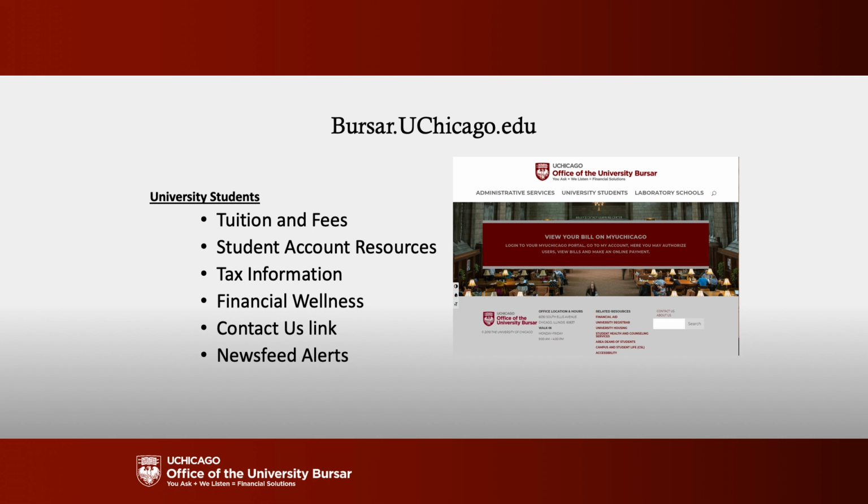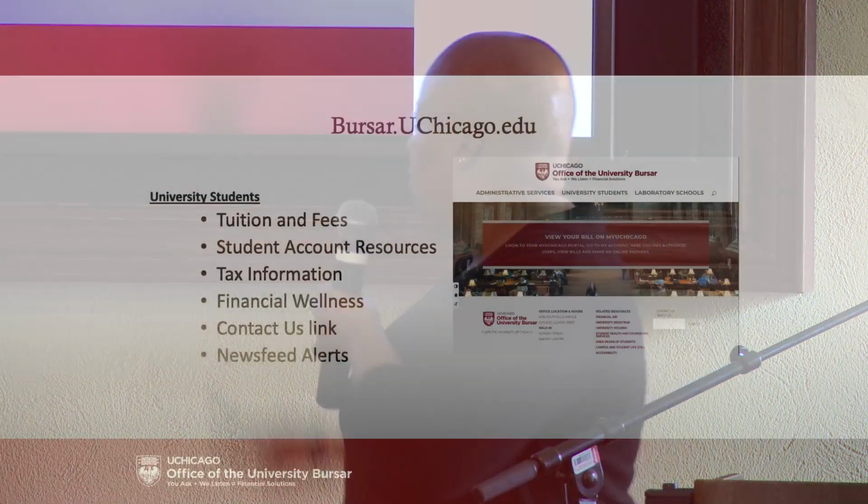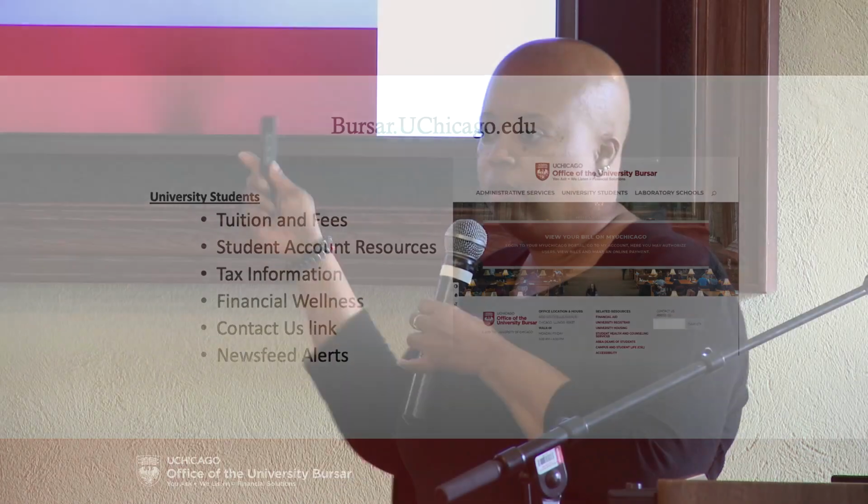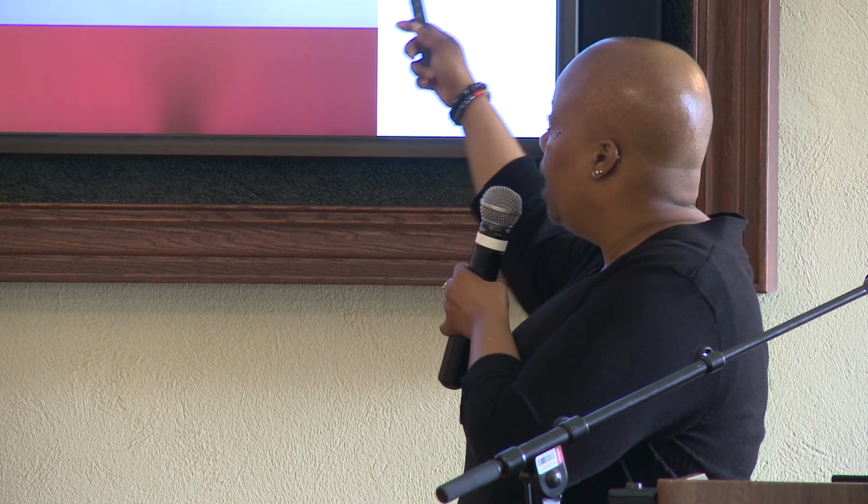When you type into that form, an email comes directly to the bursar's office, and we'll respond to the email within 48 hours. And then also the news feed: if we find something that we need to post to let you know what's going on in the bursar's office, we'll post that on the news feed. Like now we have how to pay the bill.